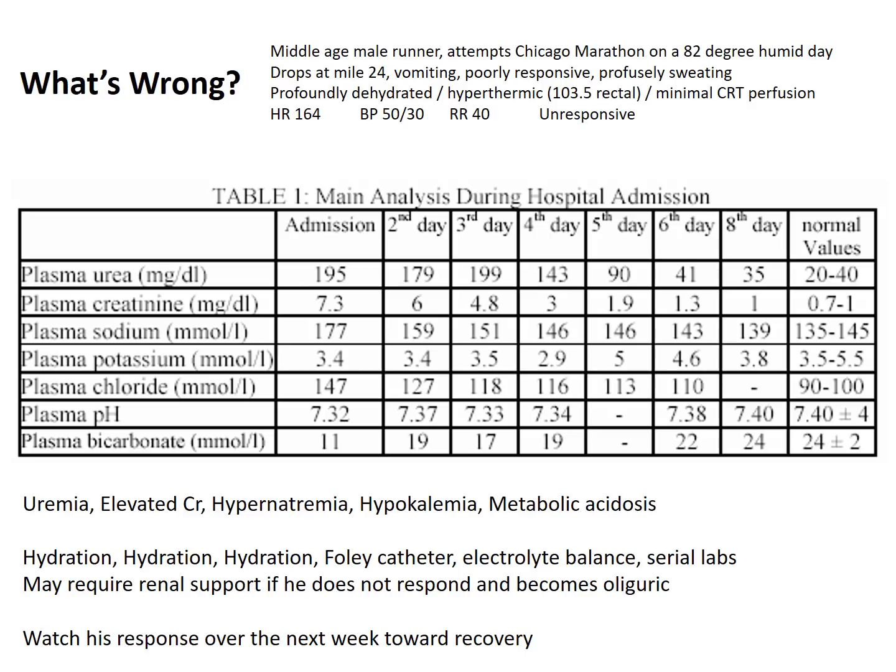But take a look at what happens over the next days. Again, acute kidney injury, you can see he went into renal failure by the RIFLE classification, right? And then take a look in terms of how quickly, with restoration of hydration, restoration of perfusion, treatment to maintain normal acid base and electrolytes, and probably with renal support, some form of hemodialysis for a while, see how this individual is able to recover over the course of the week.